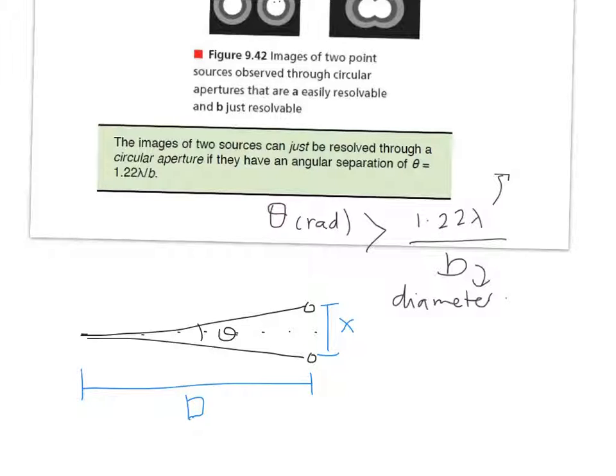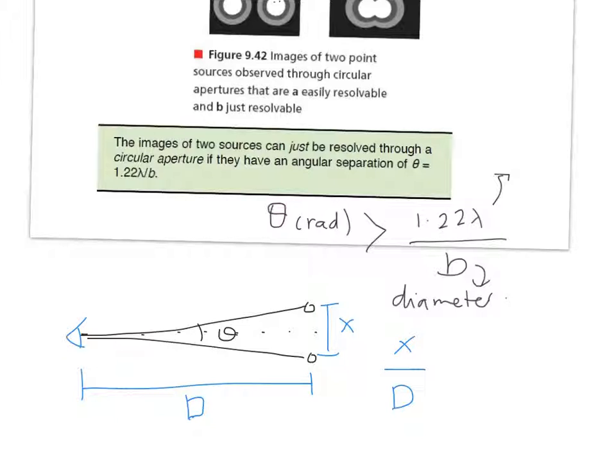If we draw this arrangement, you can see that the angle here would be equal to the distance between the two objects divided by the capital distance between the observer, the eye, and the object. You should be able to see why we can do that in the same way as we've done before.